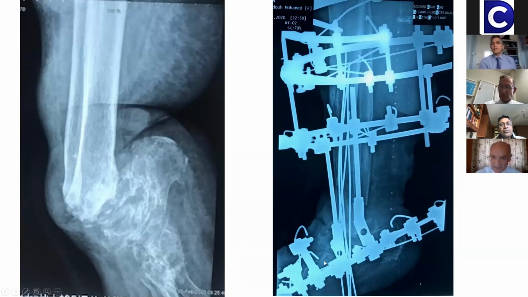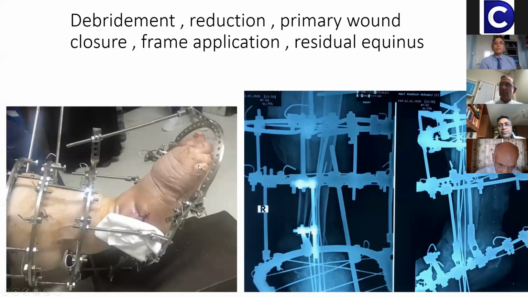So this is acute treatment that we corrected the foot before the operation, and we put the frame, as you see here, in an equinus deformity. You see here we have 3 levels of fixation and 2 hydroxyapatite coated half pins. And at each level we have 3 wires, not 2 wires.